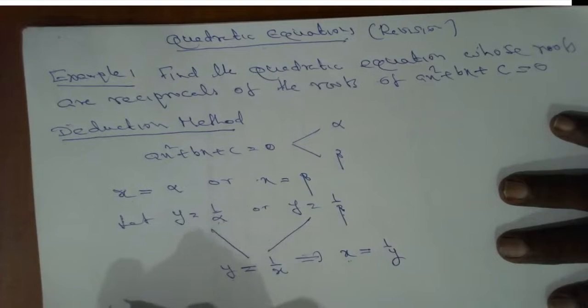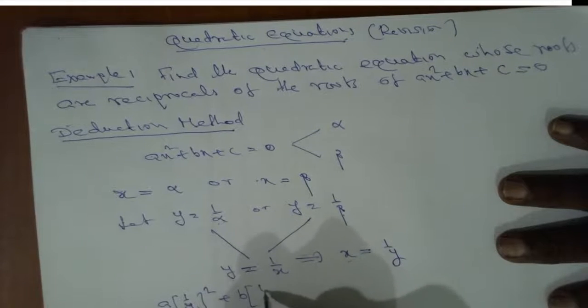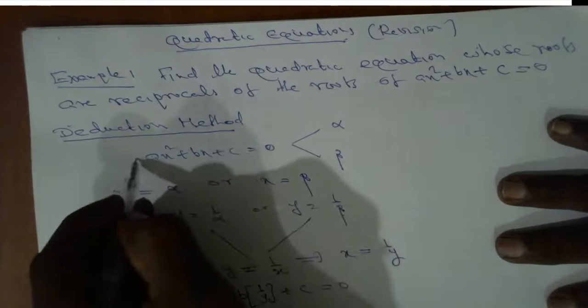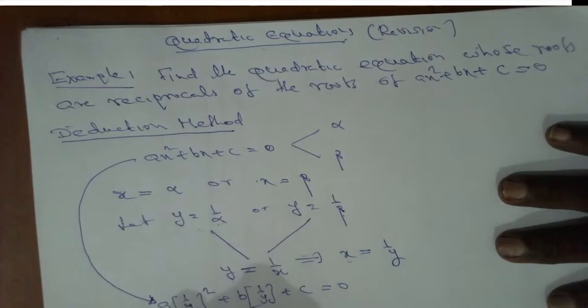So if you substitute, then instead of x you substitute 1 over y: a times 1 over y squared plus b times 1 over y plus c equals 0. Now if you multiply by y squared, you get a plus by plus cy squared equals 0.